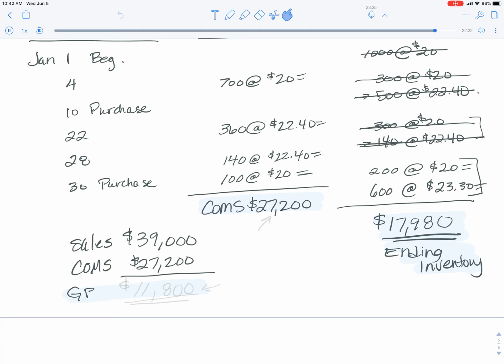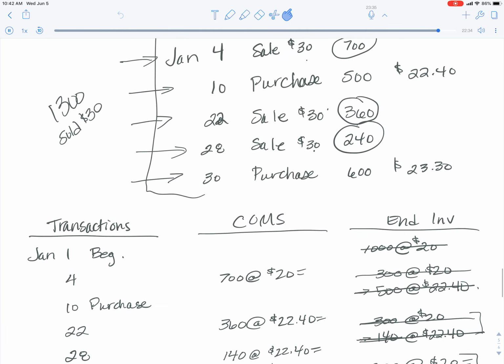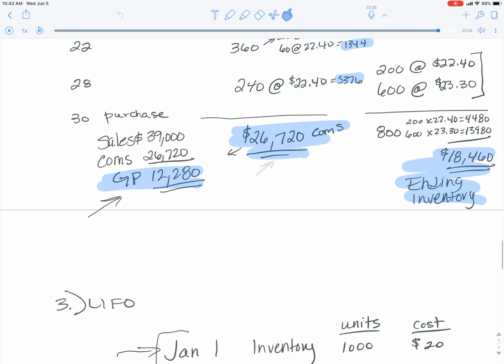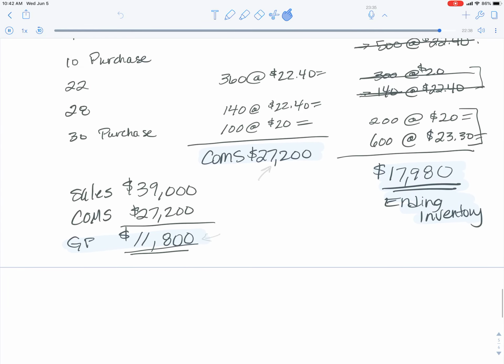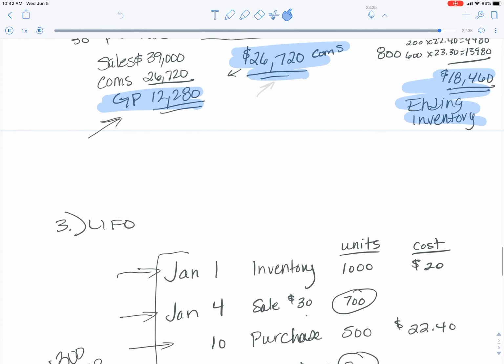And so our gross profit is going to be $11,800, which is lower than when we did FIFO at $12,280. So that's what we would expect. We would expect the LIFO gross profit to be lower than the FIFO gross profit.